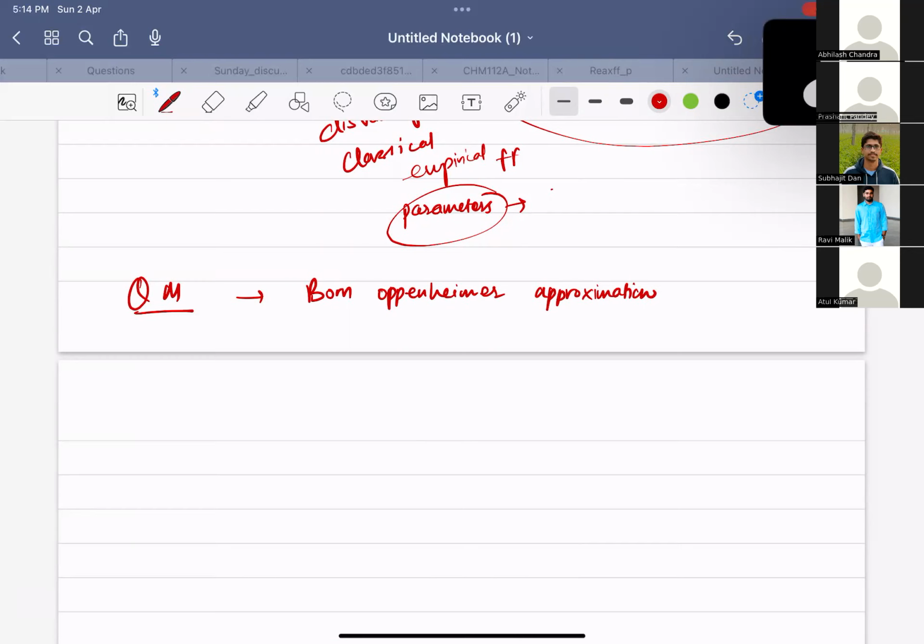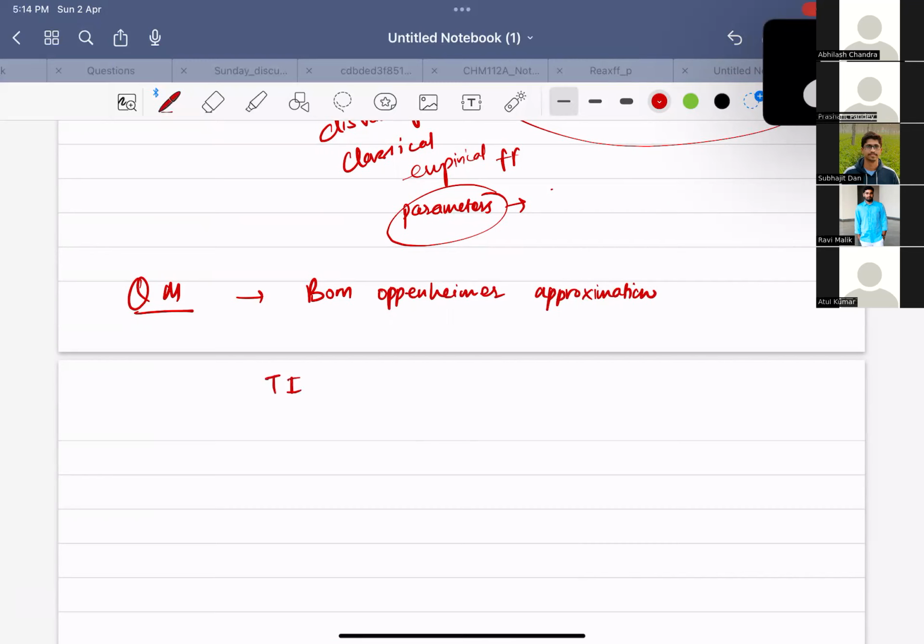This way we can write a time-independent Schrodinger equation for the many-body wave function of the electrons, and then the time-independent Schrodinger equation is solved using DFT to obtain the energies.